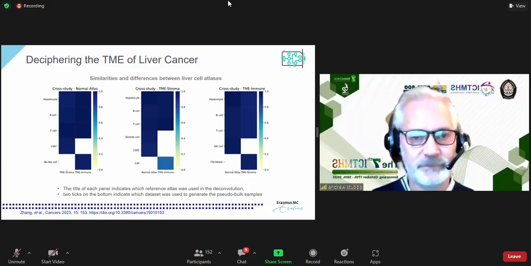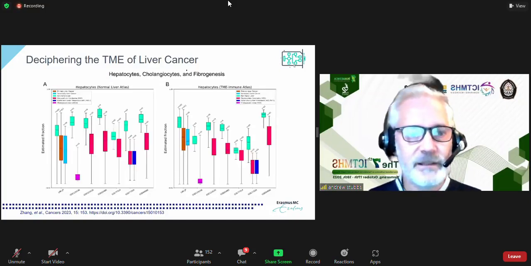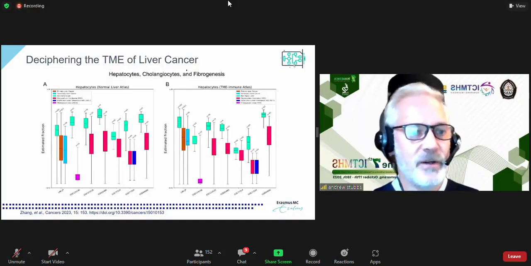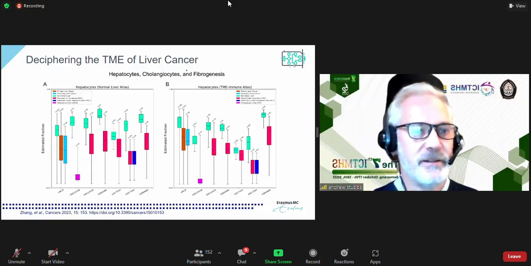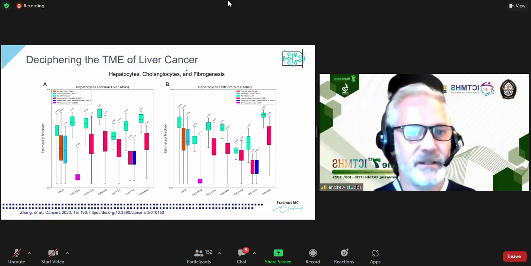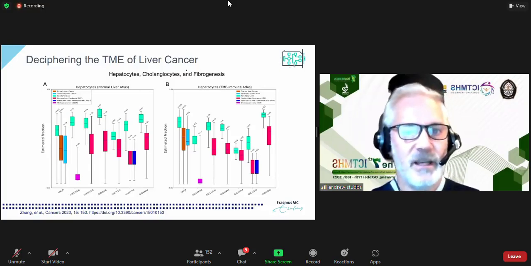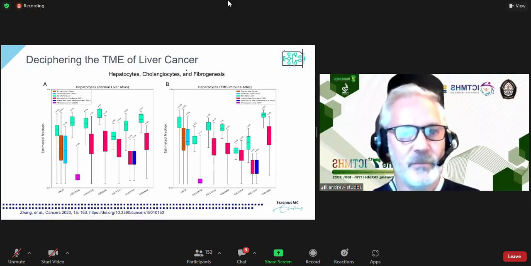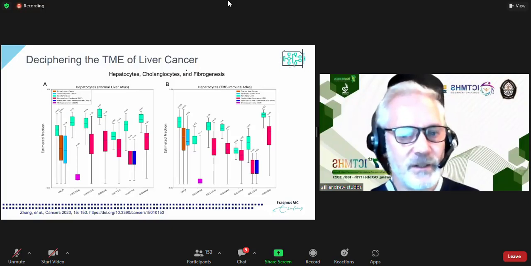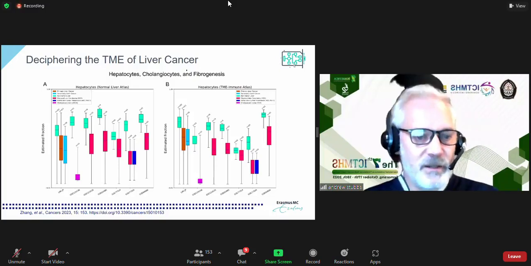In this slide here, it represents the outcome, so the estimated cell types just for hepatocytes in figure A, and figure B as well for hepatocytes, but using two different atlases. So the bottom row, the horizontal, represents the experiments.